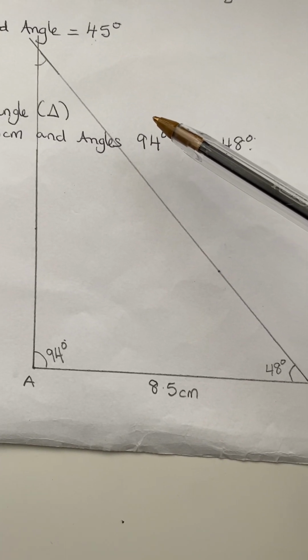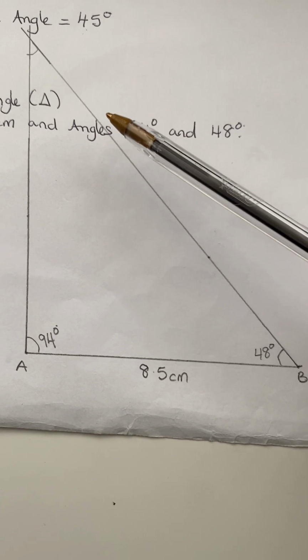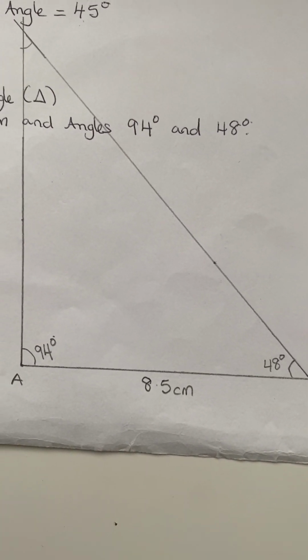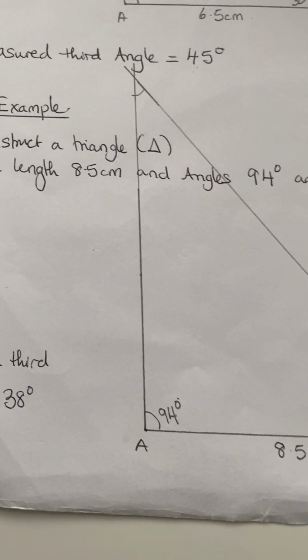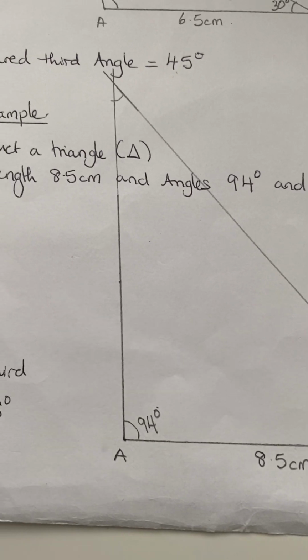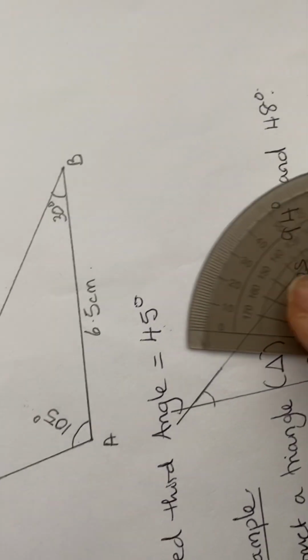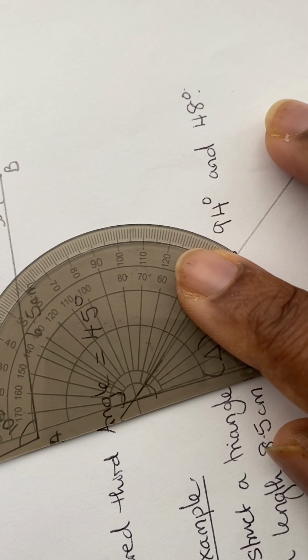If it were an exam, they will give you a bigger space to draw. Now if you measure this angle correctly, you should get 38. Let's find out. I did it, so I know it's 38.